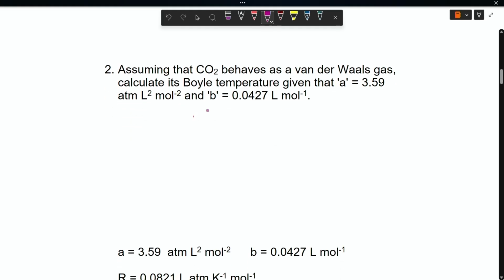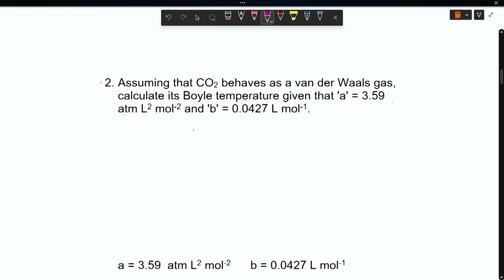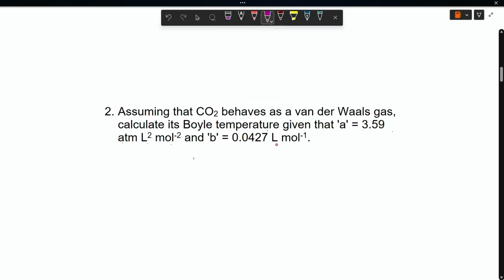Assuming that carbon dioxide behaves as a van der Waals gas, calculate its boil temperature given that A is equal to 3.59 atmospheres liter square mole raised to minus 2 and B is equal to 0.0427 liter per mole. Just check the units.